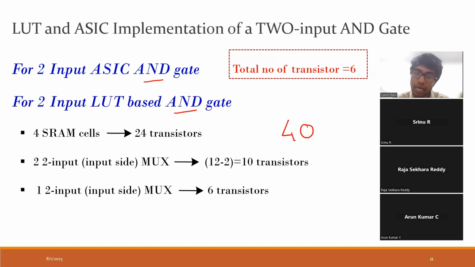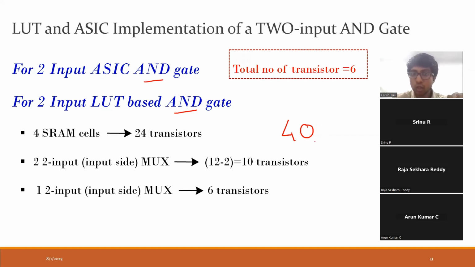ASIC stands for Application Specific IC. That is, I have designed the hardware for that particular application alone, and it would implement only that function. So I will get designed hardware with a low number of transistors. But if I want hardware which can implement various functions based on my own specific requirements, then the number of transistors required will increase, and that is 40 transistors.